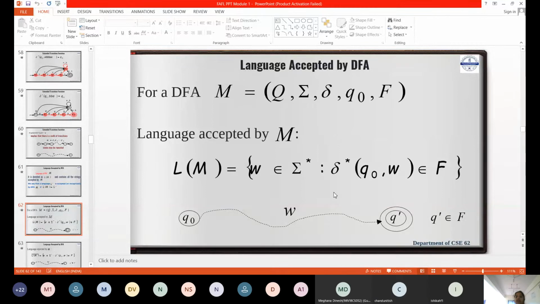String, ma'am. Yes. So I apply the extended transition function. From where do I have to start? I have to start from the starting state, that is called Q naught. So I'll apply the input string. What could be the end result of this? The final state, yes.